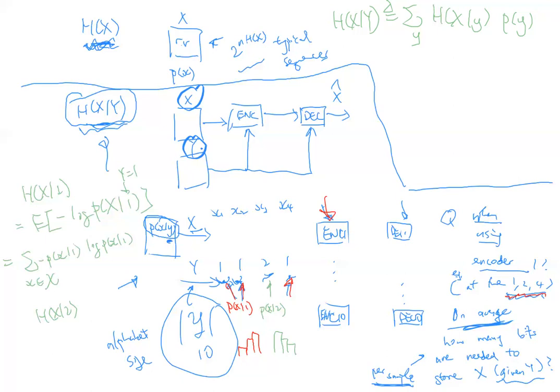Does it make sense? I hope it does. Each time we have a small y, the number of bits required is H(X given small y). How many times we get small y is proportional to the probability of y, so we take the weighted sum.